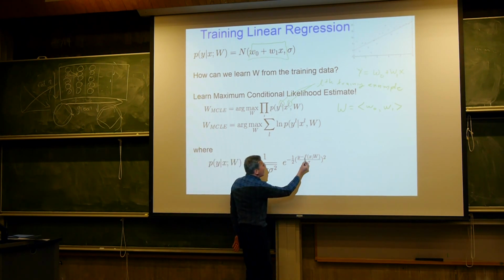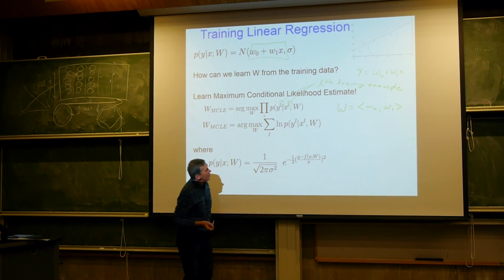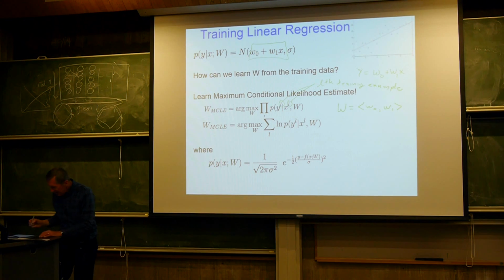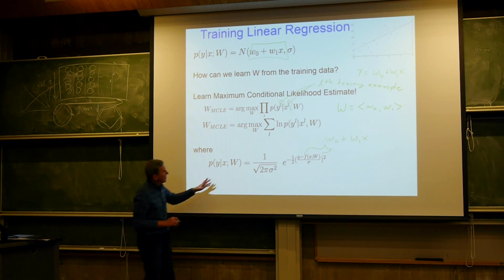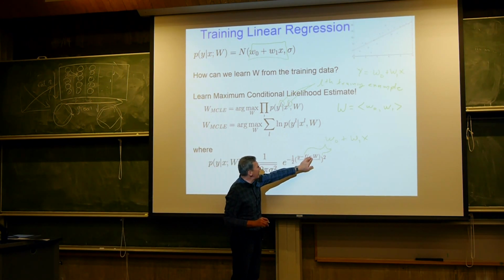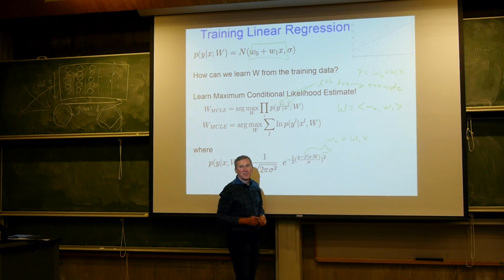For the mean, I've plugged in f of x given w, which in our case is just w0 plus w1x. So it's a Gaussian distribution where I've set the mean to be my predicted value of y.